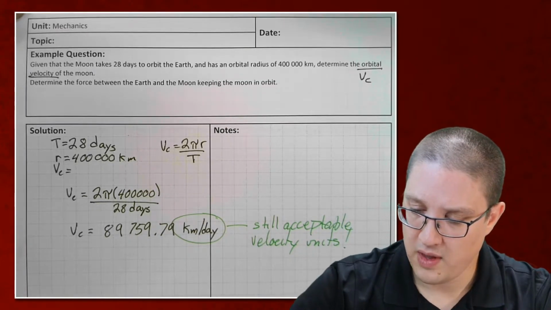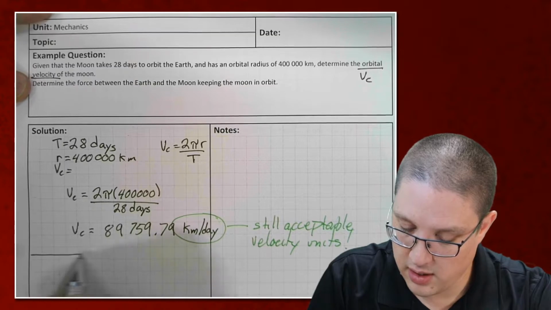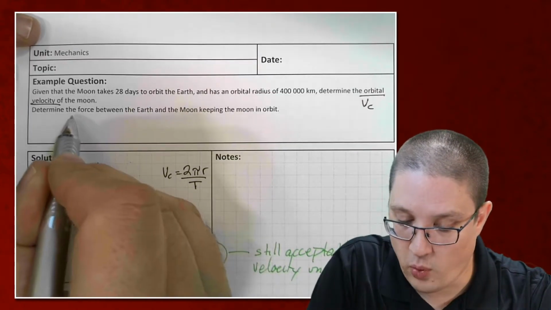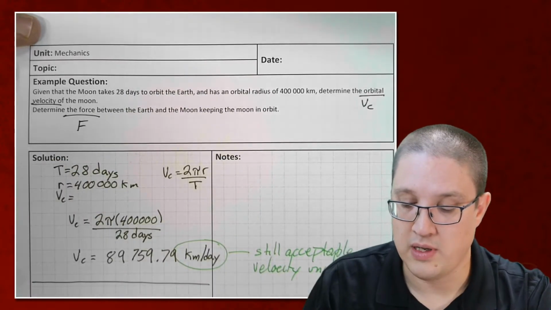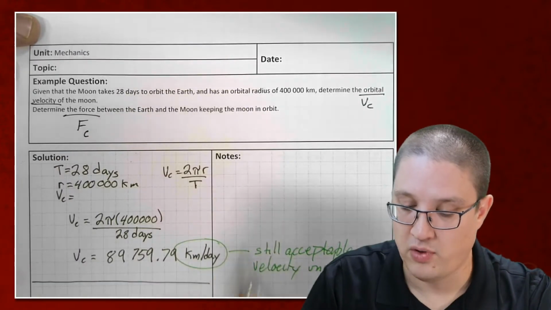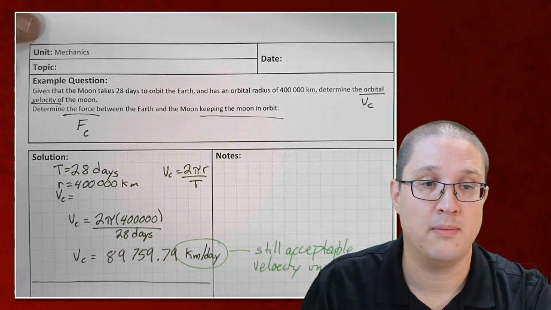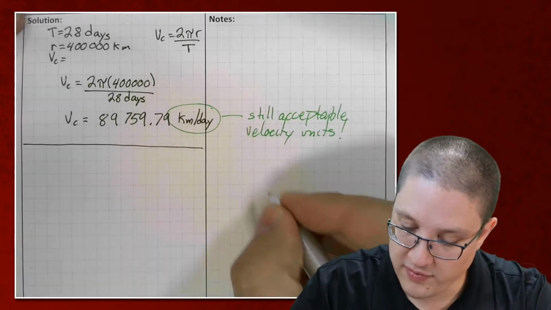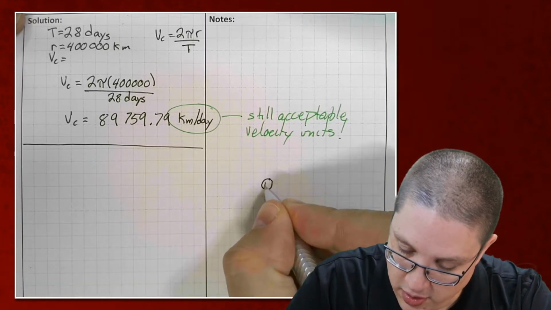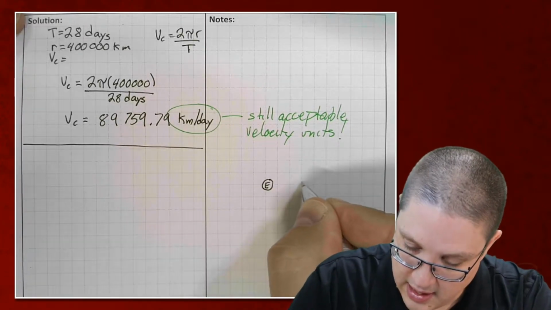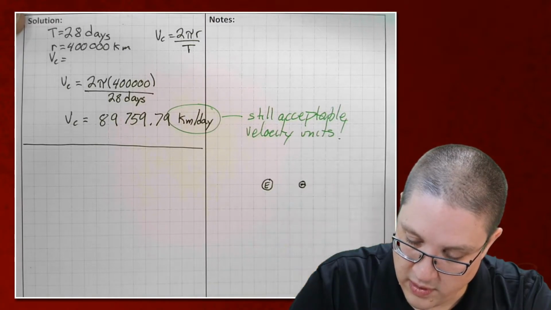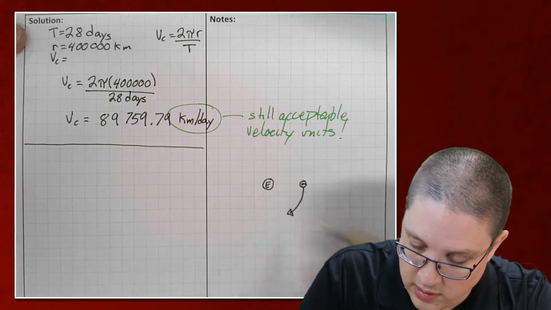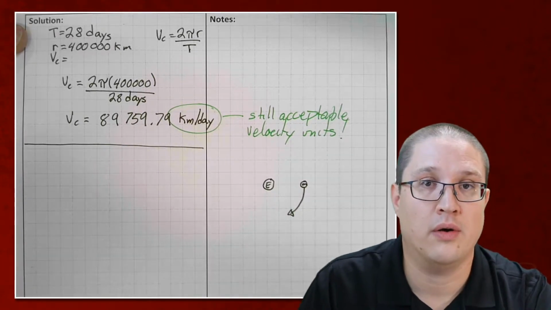Now, the second part says, determine the force between the Earth and the moon. This is my centripetal force because it's keeping the moon in orbit. If I draw this out, I've got the Earth like this, and the moon over here, and the moon is going around the Earth in a circle or in an ellipse.